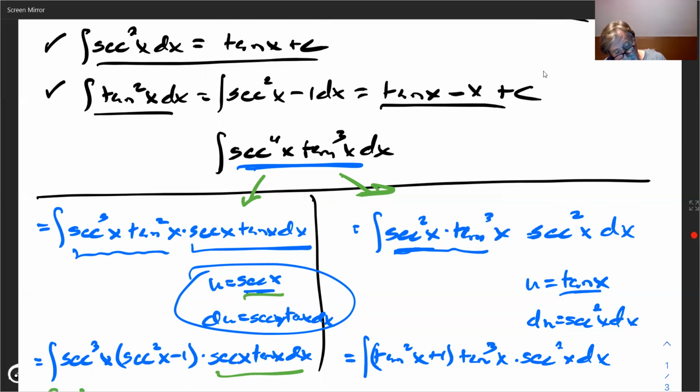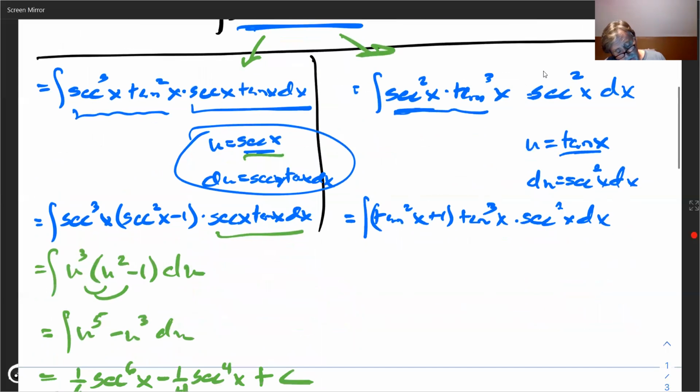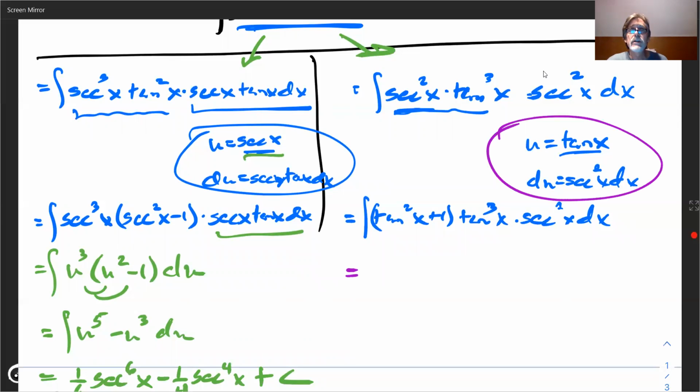And this is where we kick it into gear. And what we have is, with this u substitution right here, every tangent turns into u. So we have an integral u squared plus 1 u cubed, and then the secant squared dx is just du.